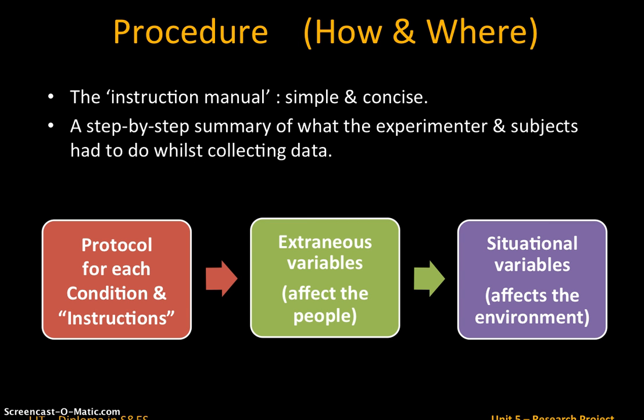Fourthly, procedure. So this is kind of the nuts and bolts of how your protocol, really, how you're going to collect the data. So for each condition, if you do multiple conditions, some with an audience, some without an audience, for example, you need to explicitly write how you went about that, and also any instructions that you gave the subject.